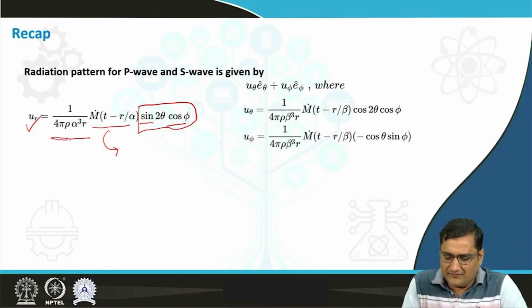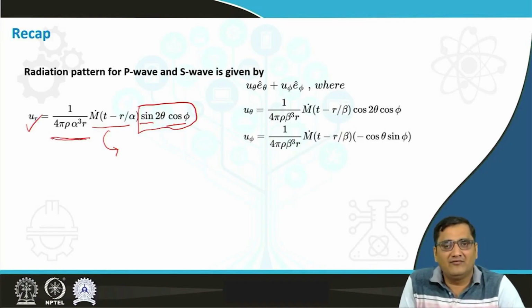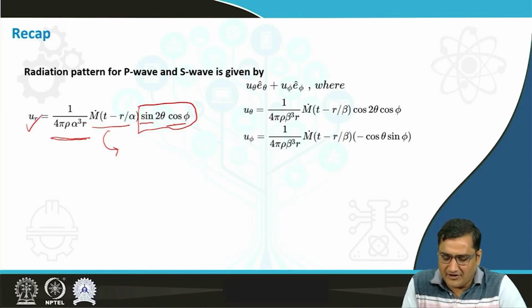If you look at the first term, it has the density term, the velocity term alpha, and also the distance term r. So you can say the amplitude of the P wave energy is inversely proportional to the distance. That means the seismic P wave energy will be attenuated as an inverse function of r.